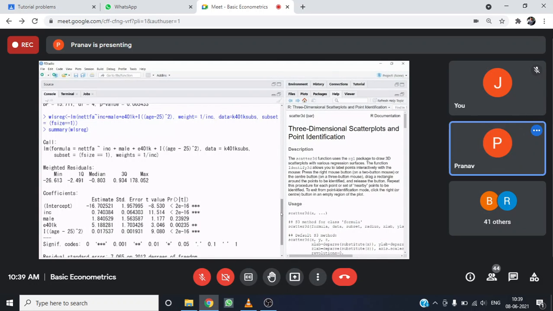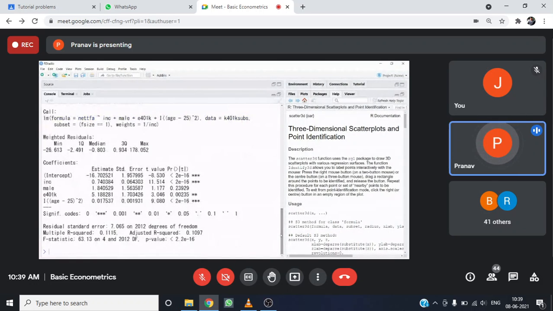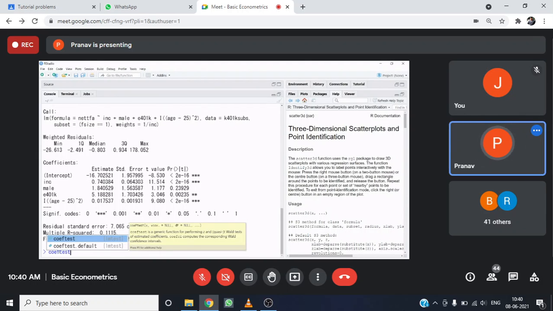So apart from this usual test of coefficients, as a researcher you should also run the WLS, that is weighted least squares regression, combined with the heteroscedasticity consistent covariance matrix of the estimators. Again, I don't have to do anything. I'll simply call the coeftest function.